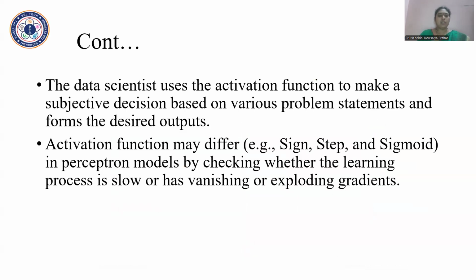Then the data scientist uses the activation function to make a subjective decision based on various problem statements and form the desired output. The activation function may differ in the perceptron model by checking whether the learning process is slow and then exploding gradients.